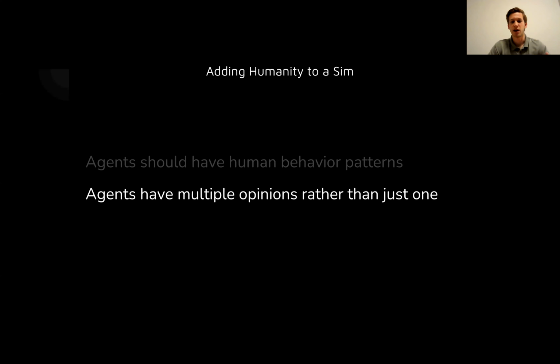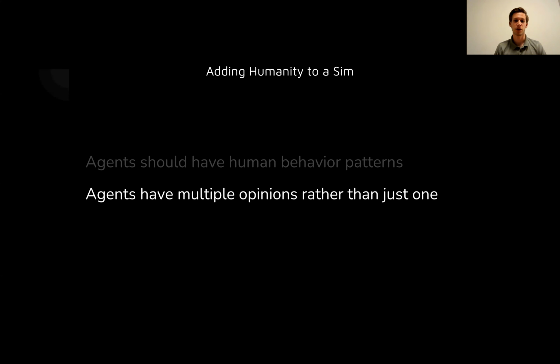One of the things that we found from previous research is that most times when people were simulating a society and doing opinion dynamics, they would have agents with only one opinion. And that opinion would be a 0 or a 1.